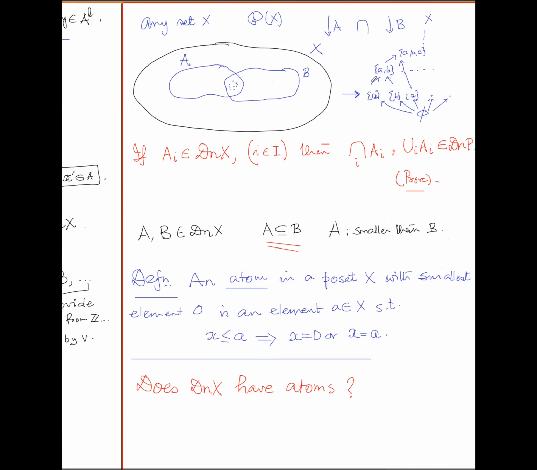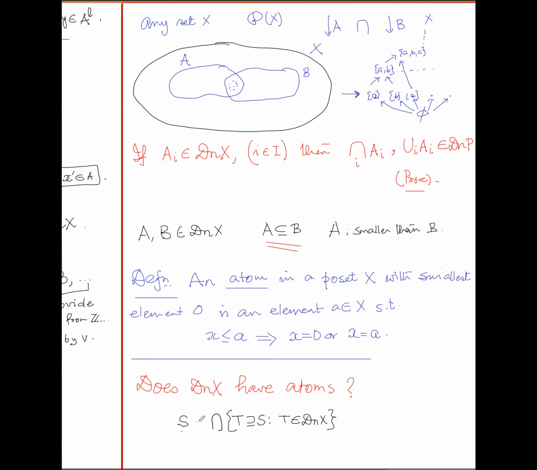This is the intersection of all the sets that were above it. So you're trying to say that you take downset S and you take all the downsets T which are bigger than S, and you take the intersection of this, right?